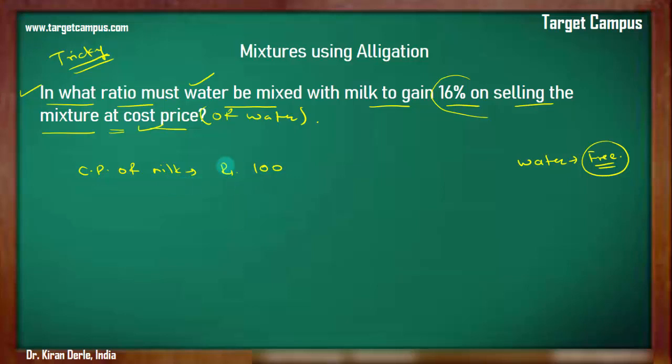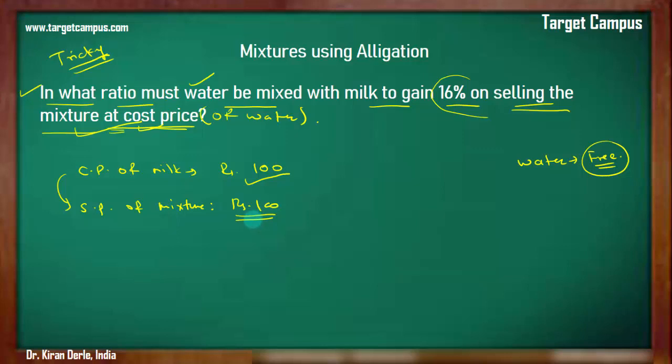Now the selling price of the mixture should also be rupees 100, because they are saying the mixture is sold at cost price of milk. So the selling price is 100 only.